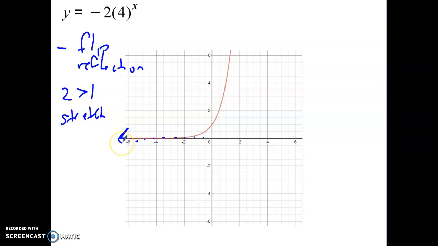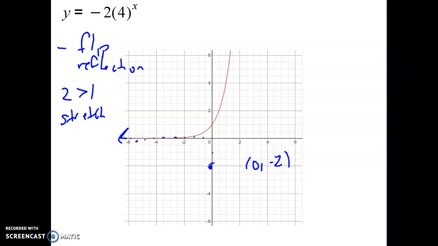The fact that I'm stretching doesn't change my asymptote. What it does change, my anchor point that was right here at 0, 1, the reflection pushes it down here to 0, -1. It flips. But then I also have a stretch by a factor of 2. So it's going to end up being down here at -2. So my new anchor point is here at 0, -2.